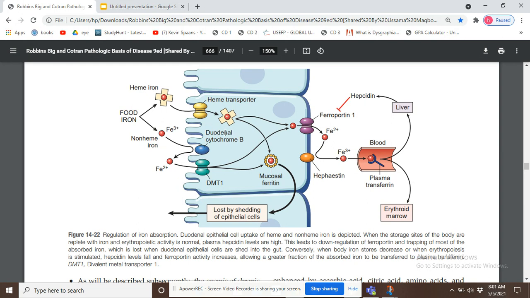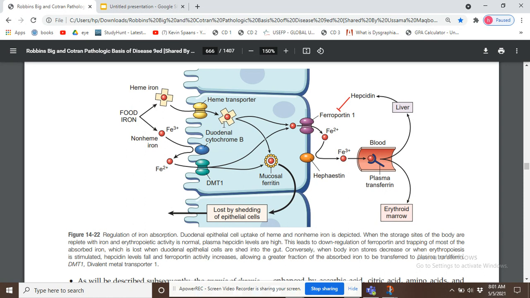So, the duodenal cytochrome B enzyme converts this non-heme iron, which is the oxidized form of iron, into the reduced form of iron, Fe3+ to Fe2+, and then this Fe2+ form of iron is absorbed through the transporter called divalent metal transporter 1. This is the non-heme iron and this is the heme iron.